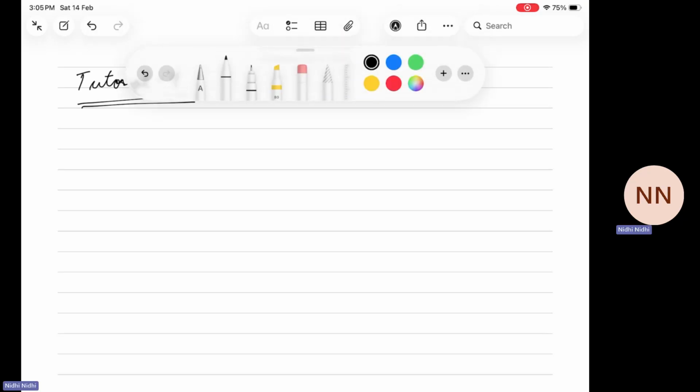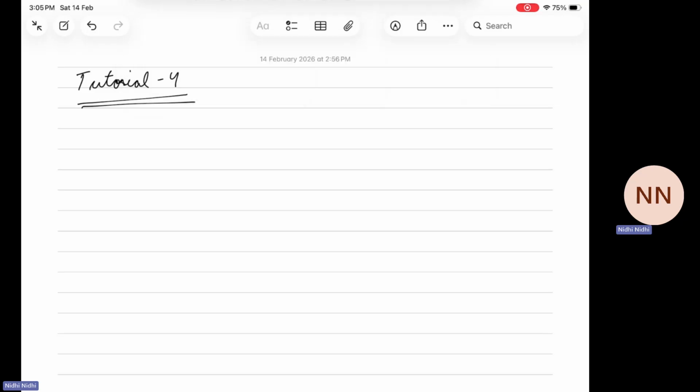Let's start with some definitions. Firstly, we have limit point of a set.